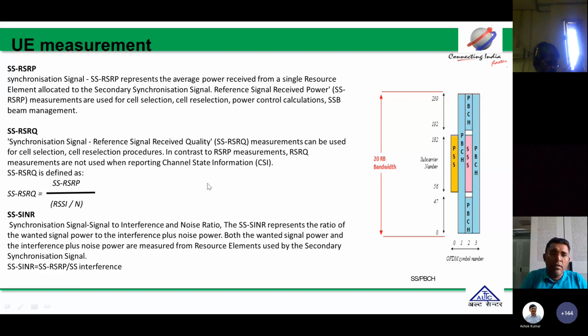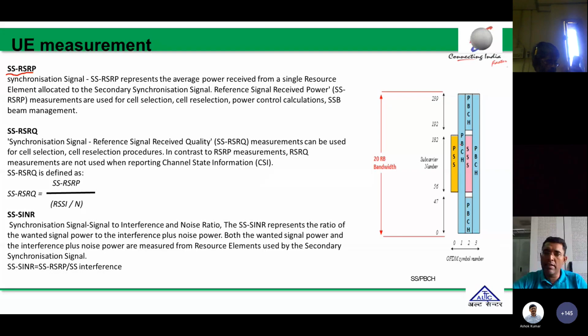So first, the UE measures the coverage beam, like SSB blocks, in terms of the things written here: SS-RSRP and SS-RSRQ. What is this SS-RSRP? In the SSB block, in the time domain, there are four symbols.